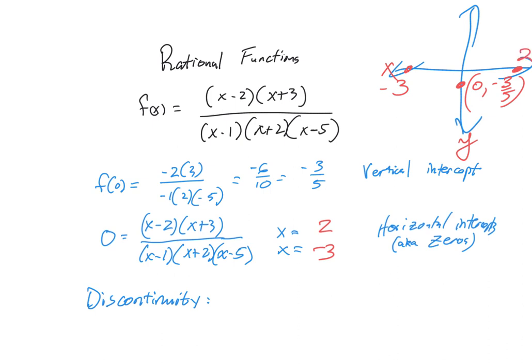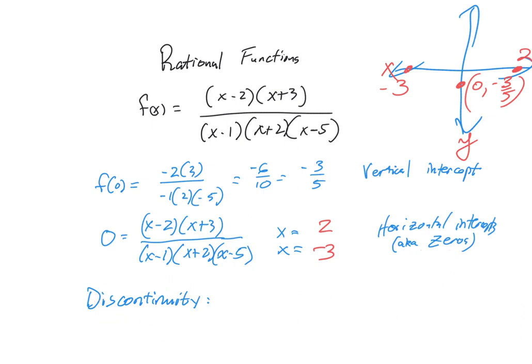I'll just carry on. And then discontinuity. Discontinuity means where is my graph not? Horizontal intercepts are also called the zeros. Where does my function not function?